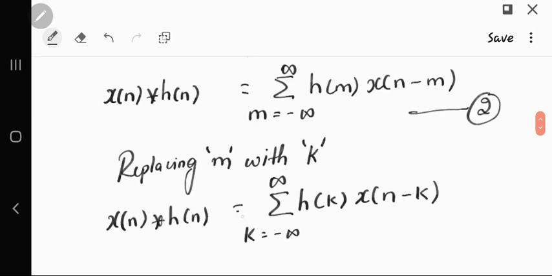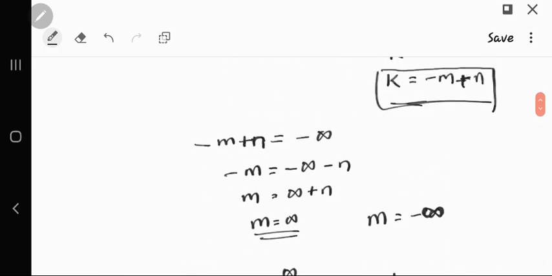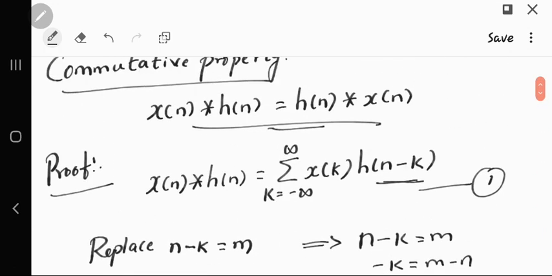Now if you observe the definition of convolution sum, x of n convolved with h of n is equal to summation k varies from minus infinity to plus infinity x of k h of n minus k.